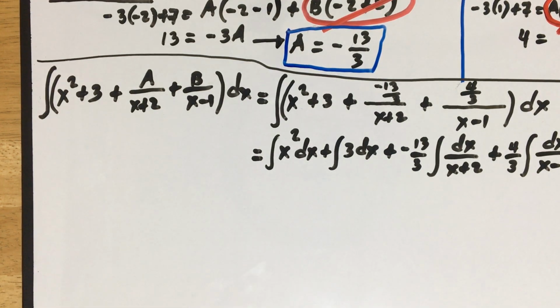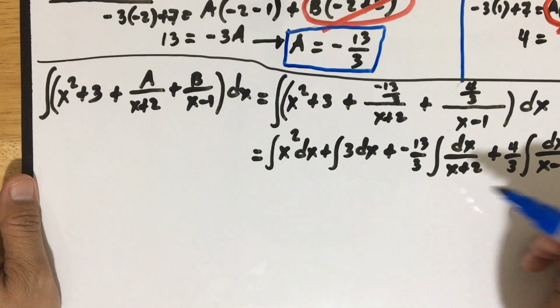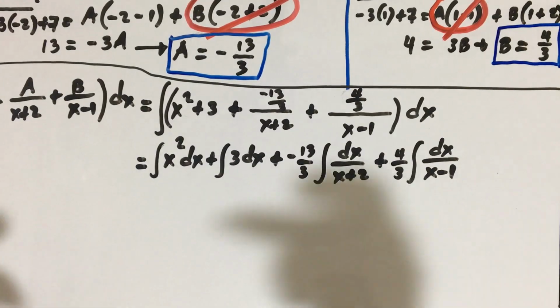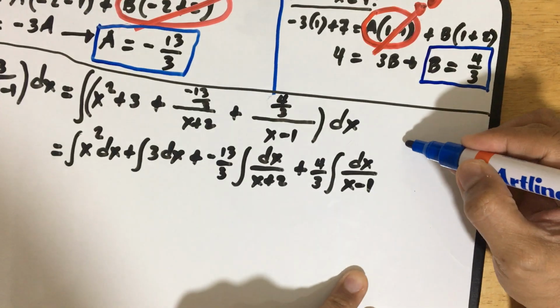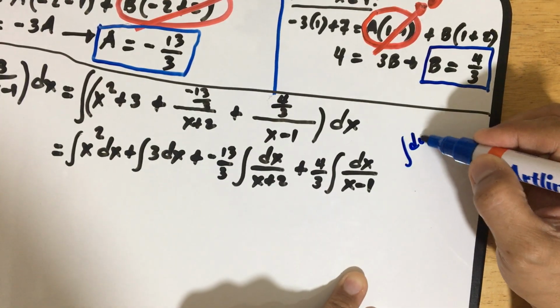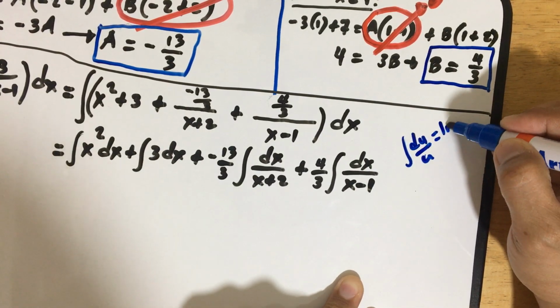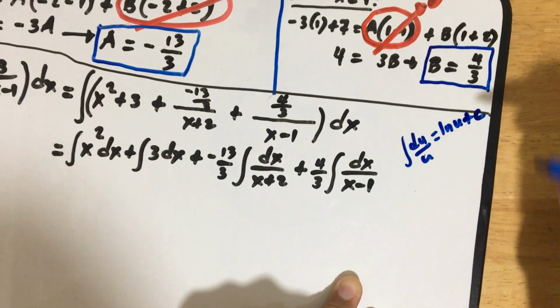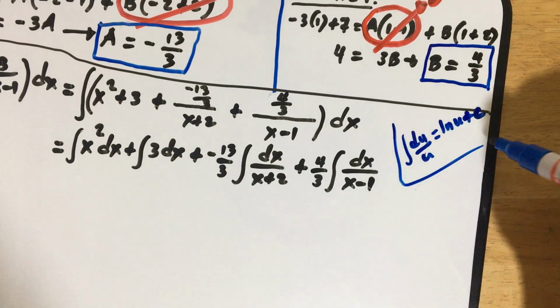For the first term, or before that, let's see if we can still use this formula, class. We have the integral of du over u, which is equal to ln u plus c. So let's try if we can still use this.